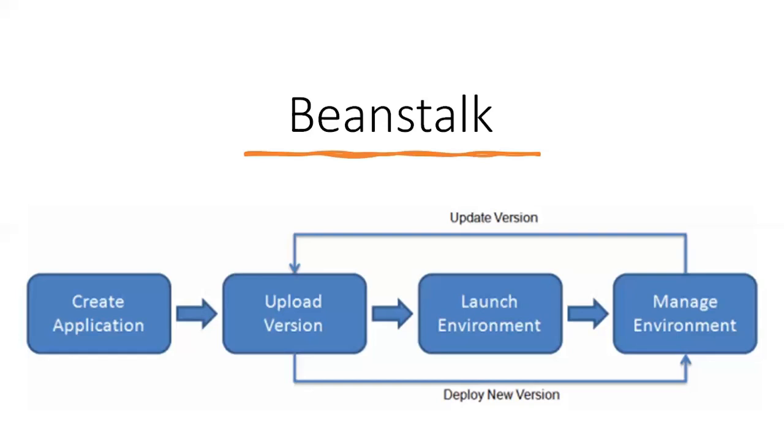Elastic Beanstalk is possibly the simplest and fastest way to deploy web applications on AWS. It allows you to focus on writing code instead of provisioning and configuring AWS resources. Elastic Beanstalk handles the auto scaling of resources needed to support your deployed application as demand grows or shrinks.